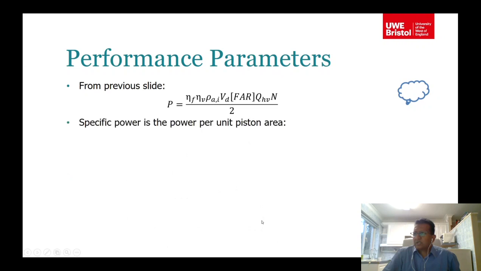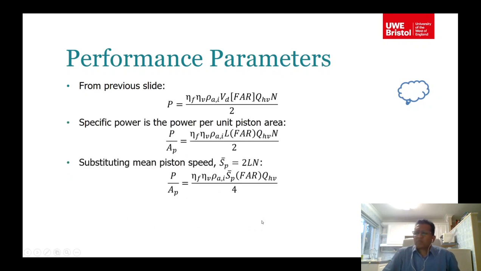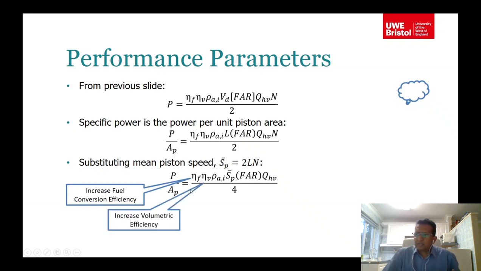So you can write equations for the power. Specific power is power divided by piston area, and you can substitute the mean piston speed into the equation as well. From this equation, power increases with the volumetric efficiency.